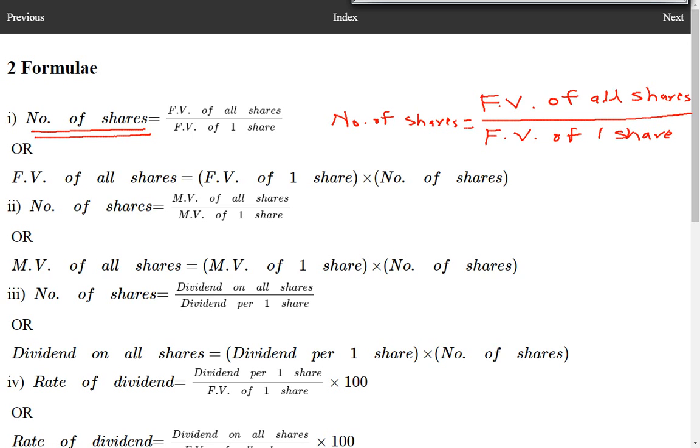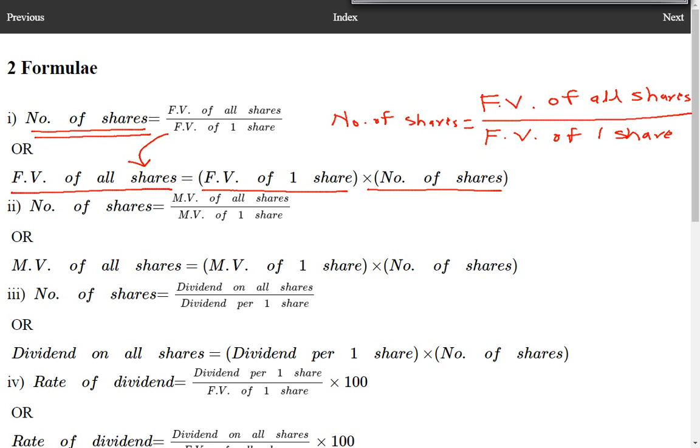We can also rewrite the formula. Note that this formula is the same as this. Face value of all shares is equal to face value of one share into number of shares. These formulas are quite easy to understand.